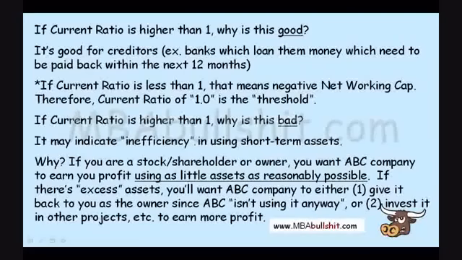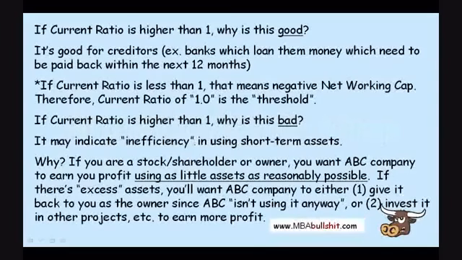Because if there are excess assets, like in our example, there's an excess of 25% of current assets, you'll want ABC company to either give you back these excess assets as the owner, because the company isn't using it anyway. Or you would want the company to invest the excess assets in other projects, etc., to earn more profit.